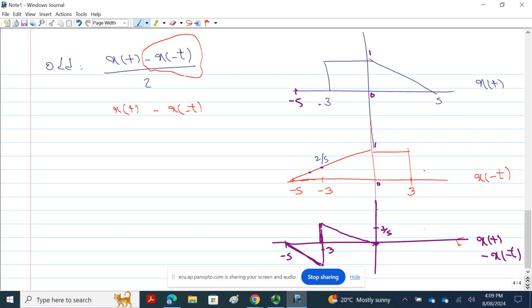And then this is the odd part, so it should be symmetrical about the origin. So the other side will be something like this. So it will come down to 3 and then go up and come down again to 5, right? Symmetrical about origin.